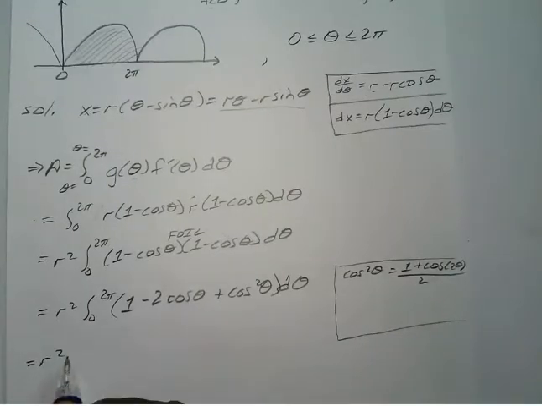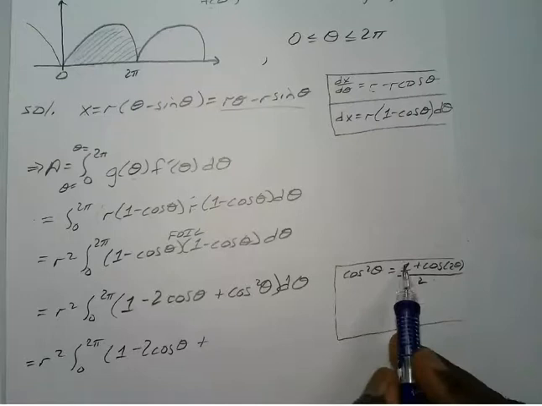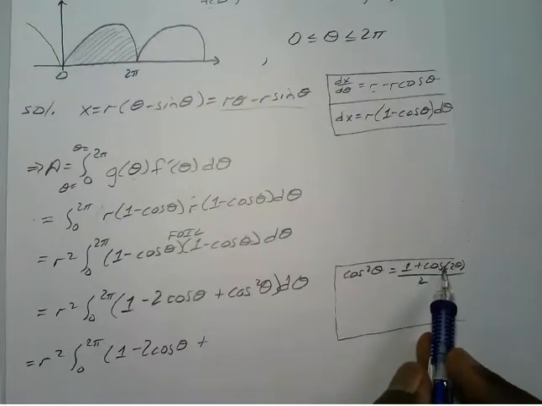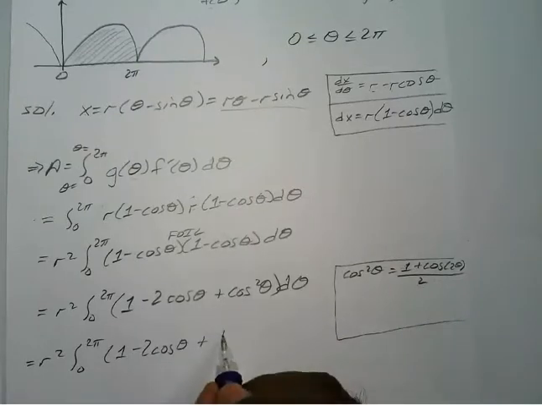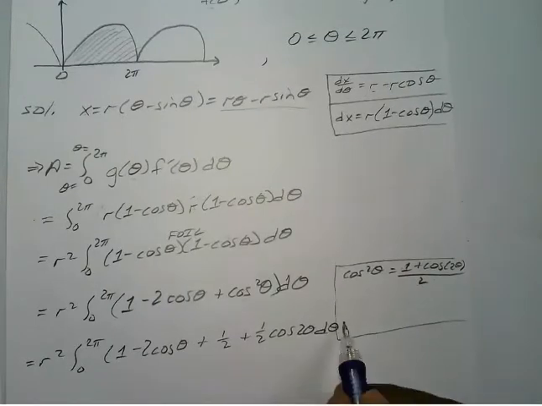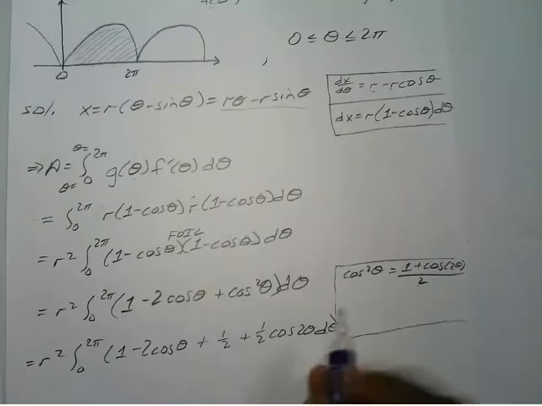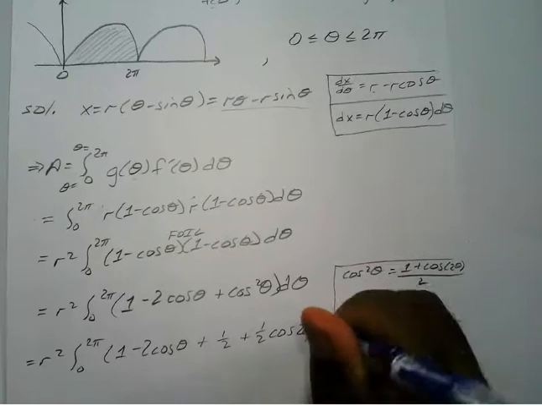We have r squared from 0 to 2 pi of 1 minus 2 cosine theta plus, we're going to break that up into two fractions, 1/2 plus 1/2 cosine 2 theta, with respect to theta.